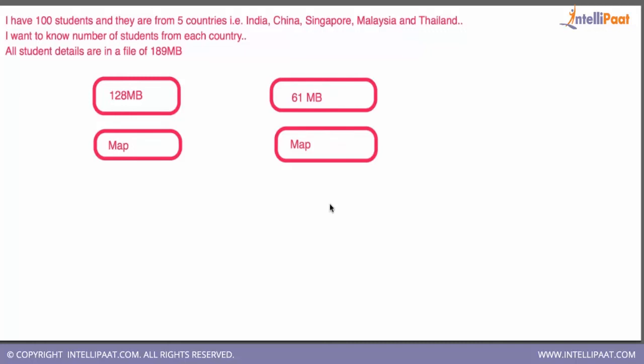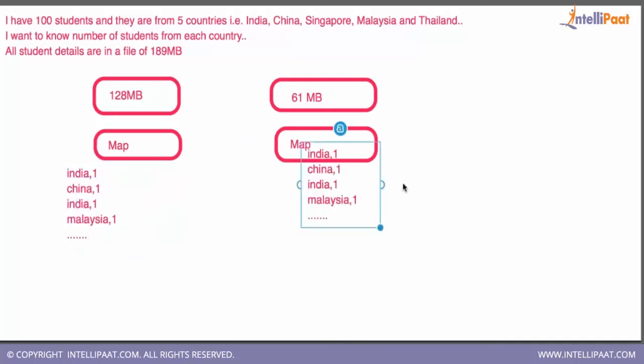I'm supposed to find students by country, so the mapper output will look like this: some students will be here, some students will be here, because mapper will take one record at a time and process it and give the output.